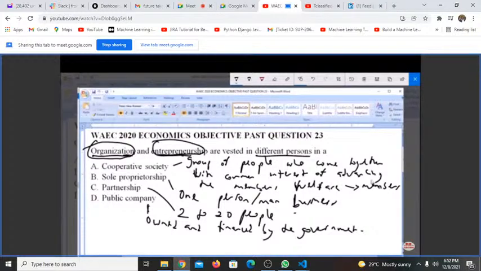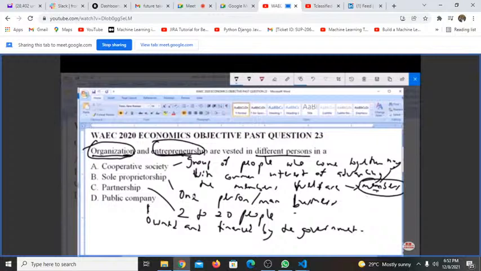Now, these same members amongst themselves select those that will manage it. So you can't say the membership and entrepreneurship are vested in different persons, because it is the same set of people, just a select few number of the members that are also part of the management. So it is not vested in different persons.